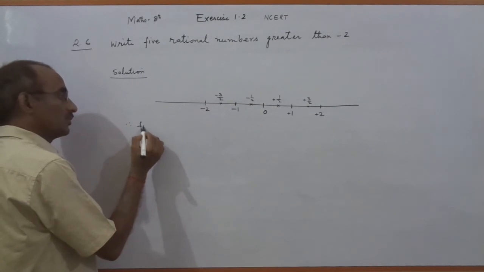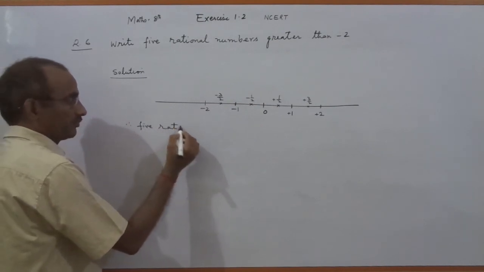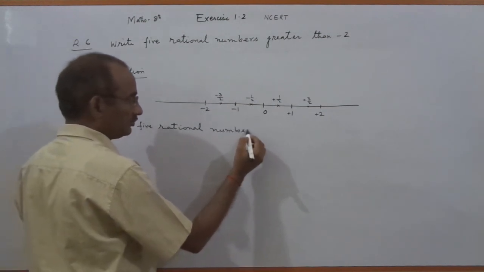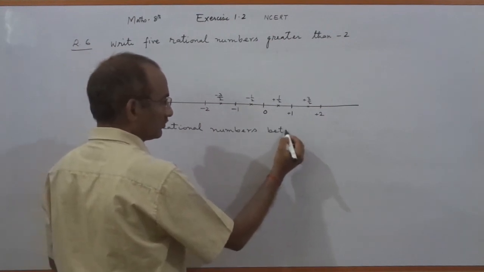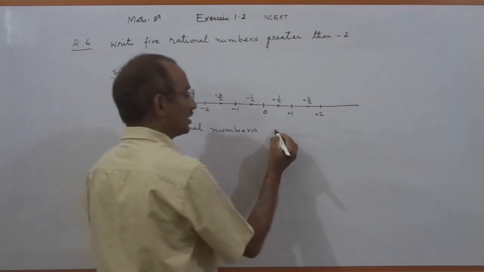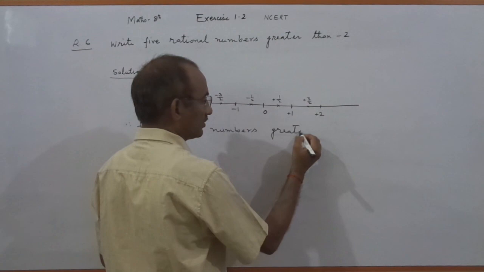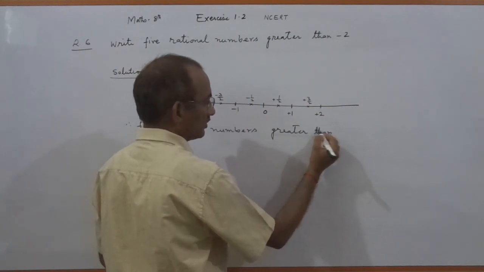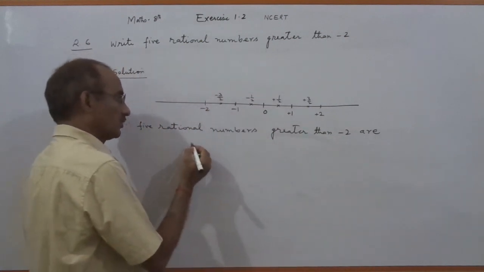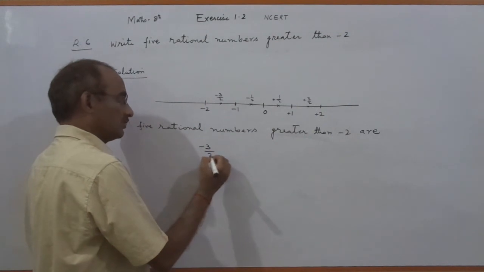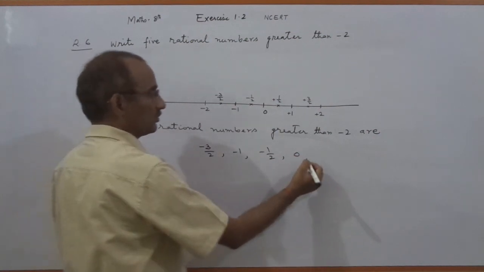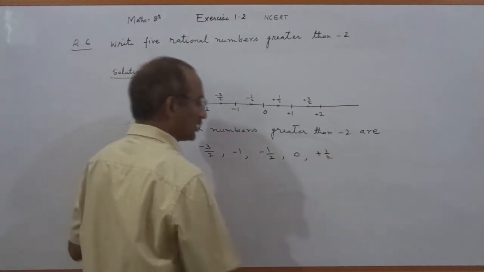Therefore, 5 rational numbers greater than minus 2 are minus 3 by 2, minus 1, minus half, 0 and plus 1 by 2.